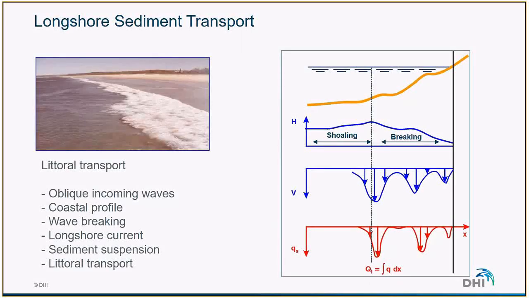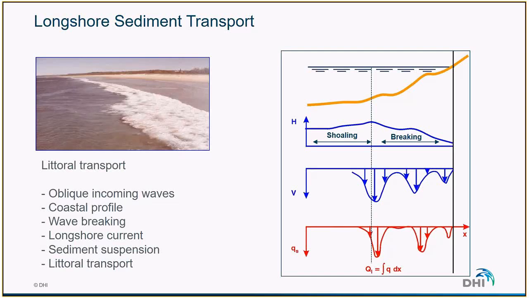Another way of calculating the longshore sediment transport is the use of a numerical model. To use this numerical model, we typically define a coastal profile. So the bathymetry, the roughness, the grain size. Then we transform the waves from nearshore over the bathymetry.